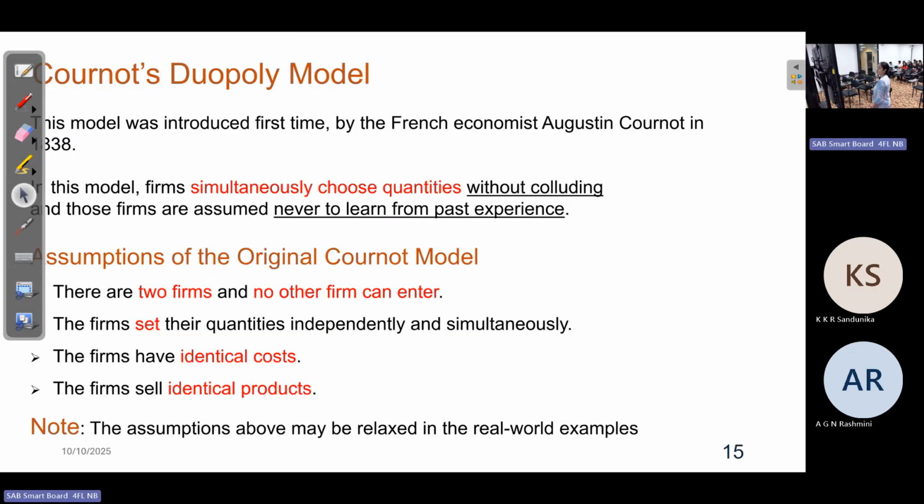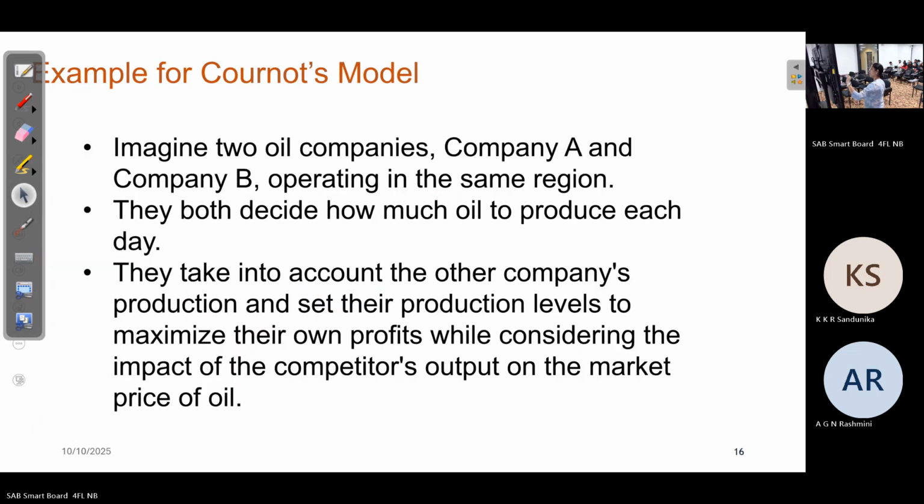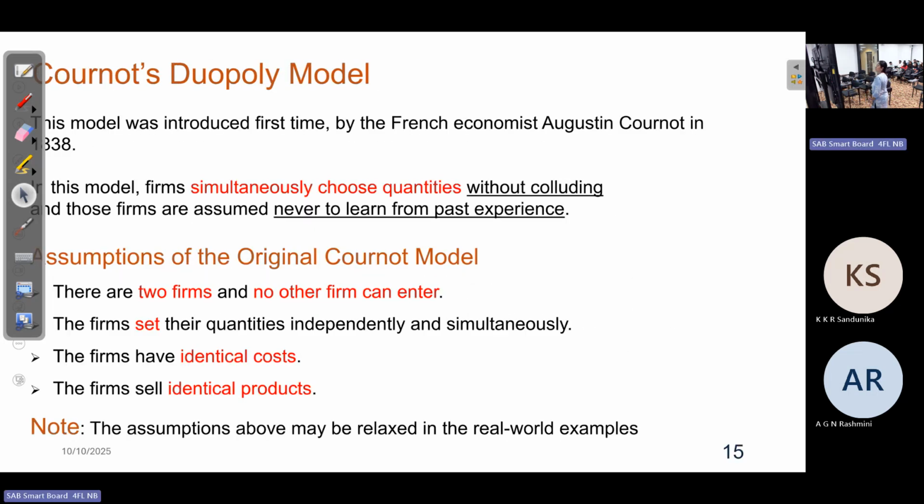So what is this Cournot duopoly model? This model was introduced for the first time by the French economist Augustin Cournot in 1838, and in this model firms simultaneously choose quantities without collusion, and those firms are assumed never to learn from past experience.